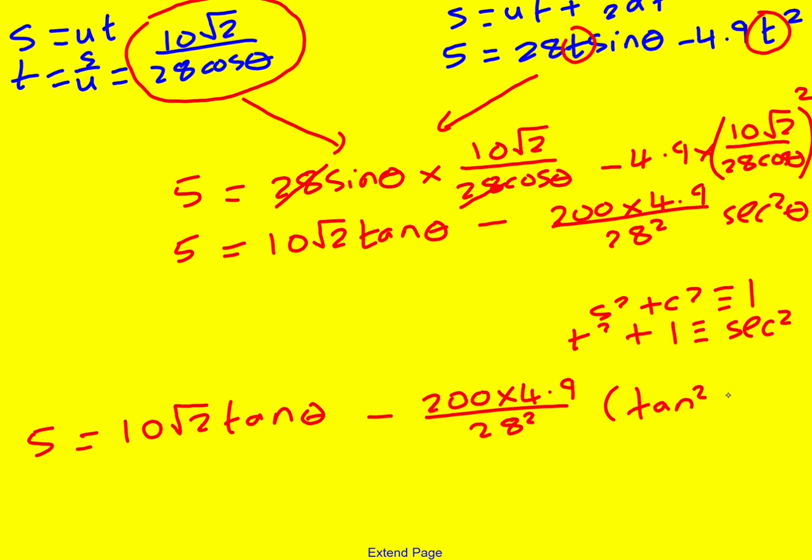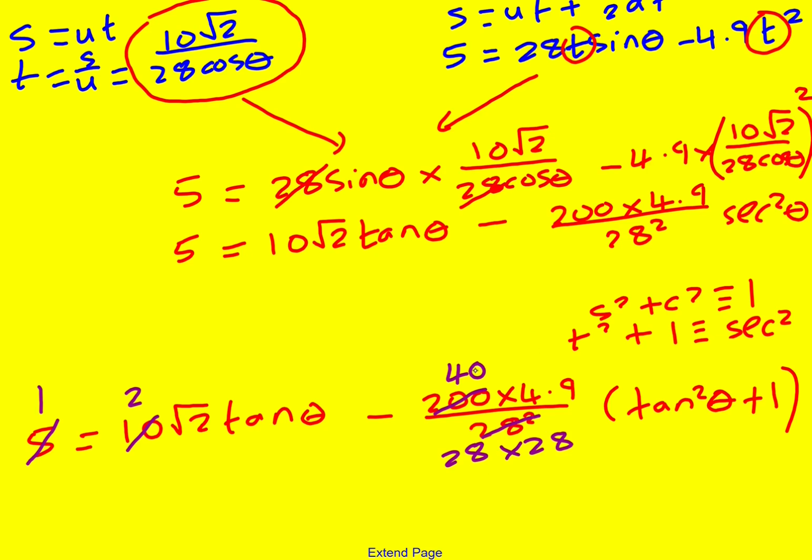Okay, here we go. Now let's simplify this. The first thing I can do is divide through by 5 because there's a common factor. And then I don't really want to work out 28 squared, so I can remember it's actually 28 times 28, and I can divide each through by 2.